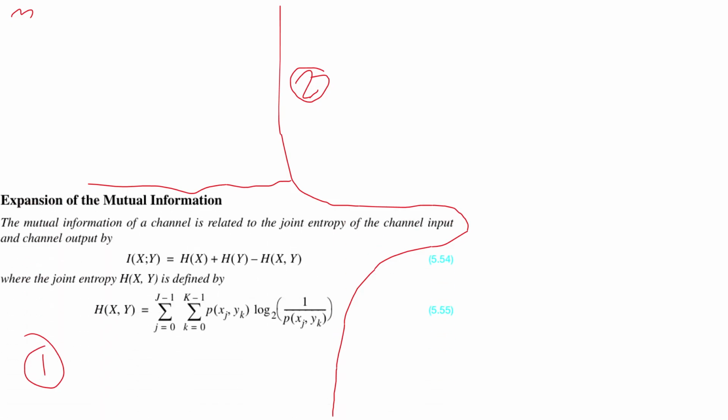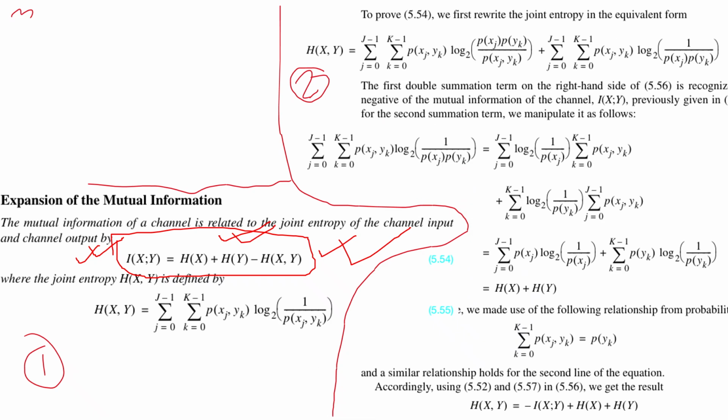Similarly, one more expansion, this is also one of the very important equations that you can remember: I(X;Y) = H(X) + H(Y) - H(X,Y). So this is the expansion version of the mutual information. If you remember, I(X;Y) = H(X) - H(X|Y), and that was one of the primary equations, and this is also an important equation.